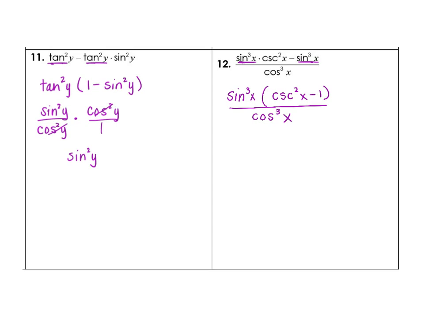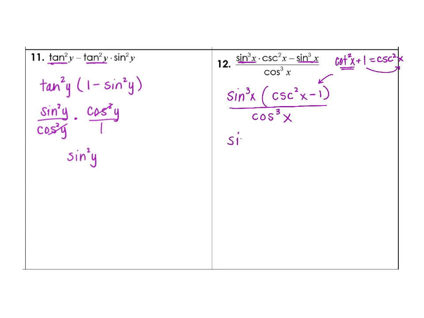On the inside of this, notice we might have a Pythagorean identity. We know that cotangent squared x plus 1 equals cosecant squared x. So if we subtract that 1 over, then we're left with cotangent squared, and that's what we can replace inside the parentheses.